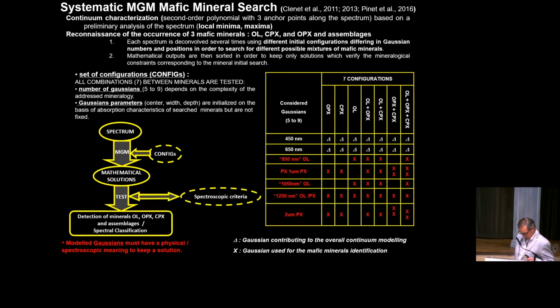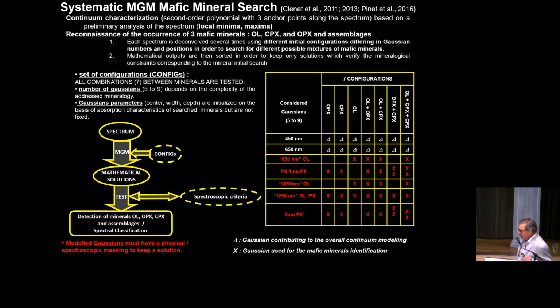Since I don't want to be too long, I will have to skip here, but just to give you a flavor of what I'm going to implement: an advanced way of applying the modified Gaussian model deconvolution to complex spectra. That's work I've been doing for several years in a row. So if you're interested, check the literature.